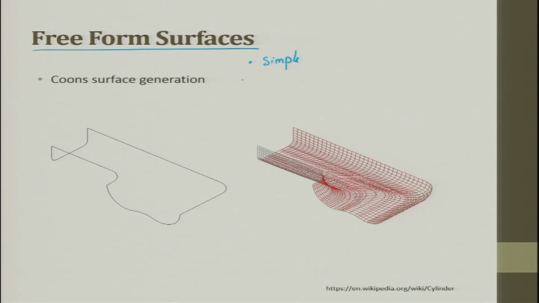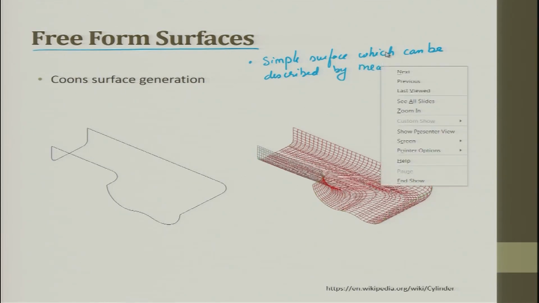A Kuhn surface is basically a simple surface which can be described by means of a simple formula.